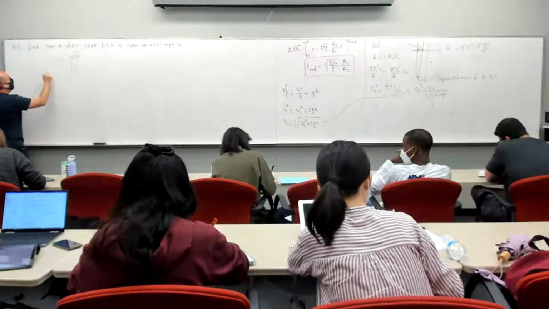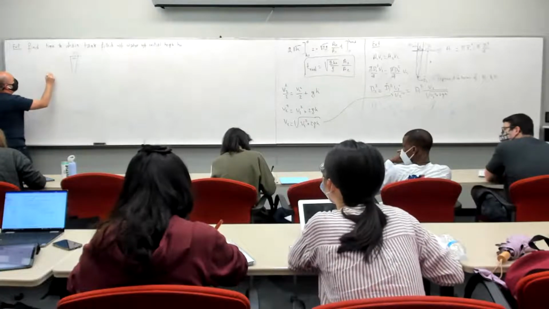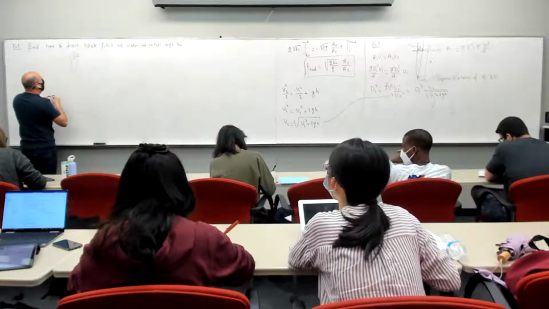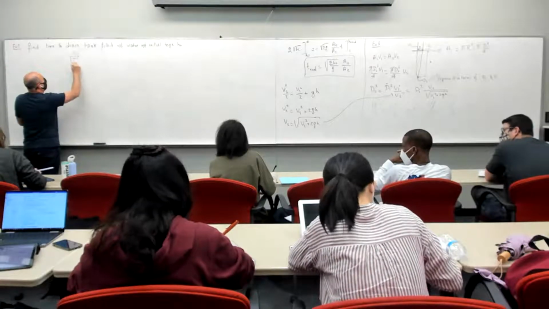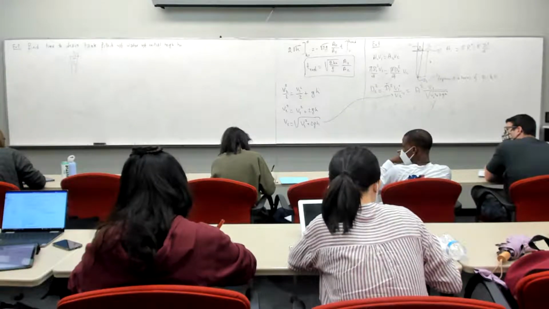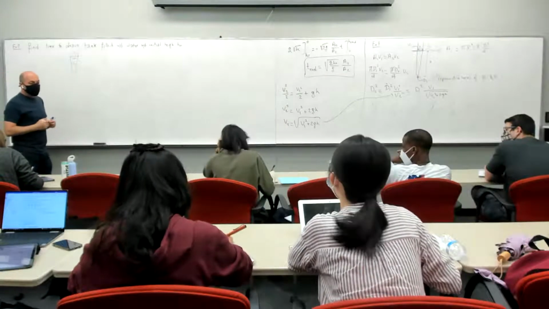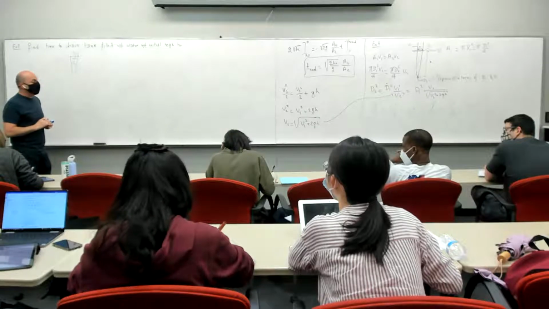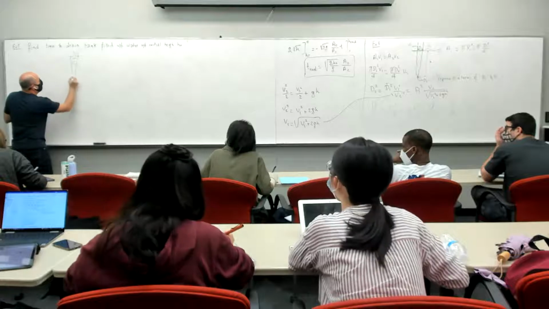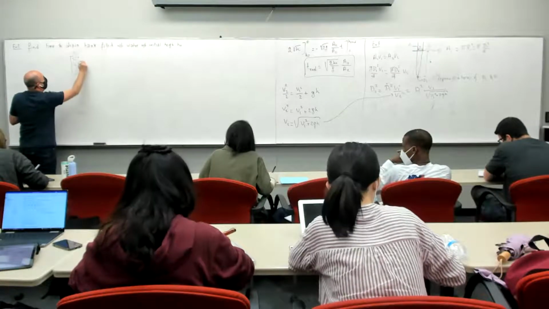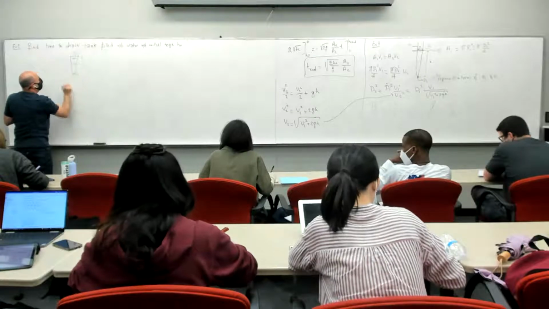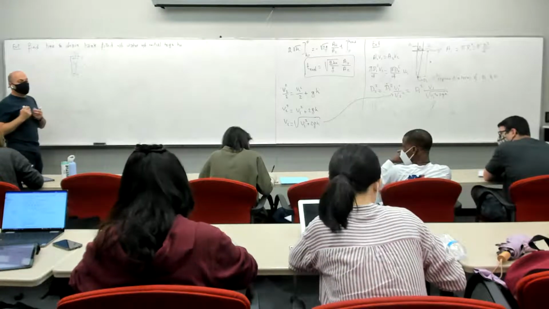Assume that the density of oil is rho oil, and the density of water is rho water. Now, at some height h, you have a velocity here, v2. The question is find v2.